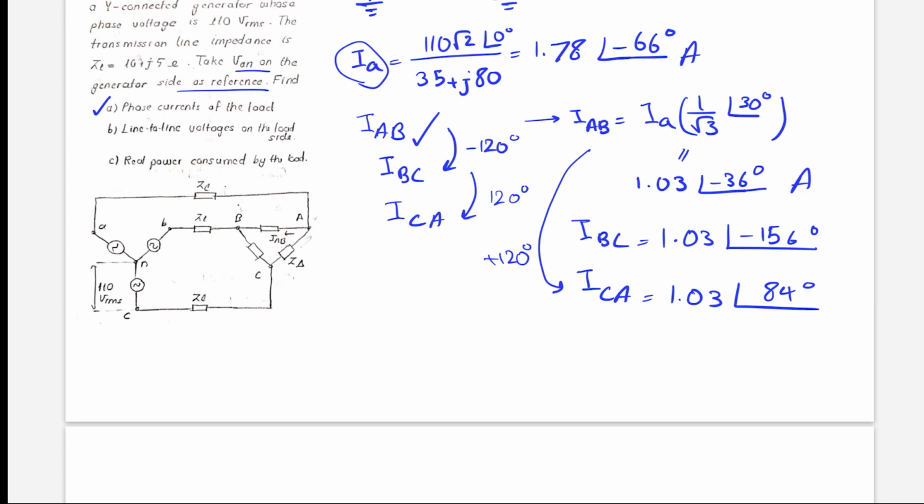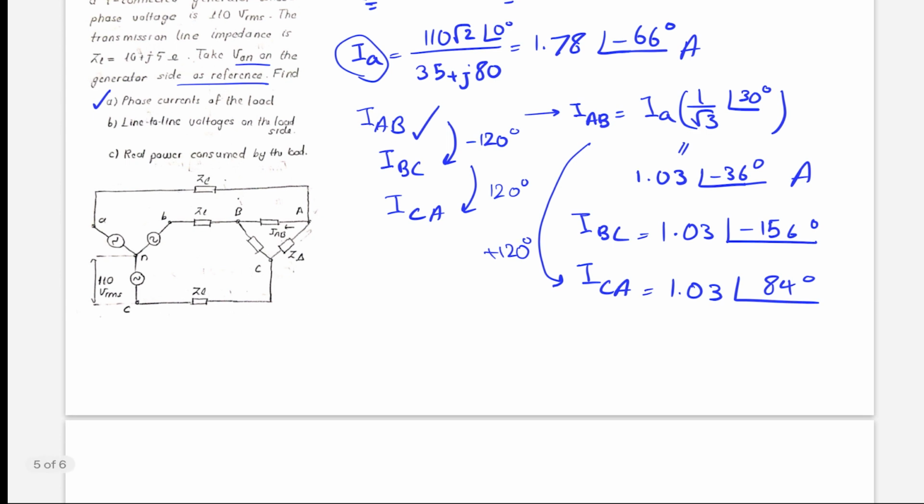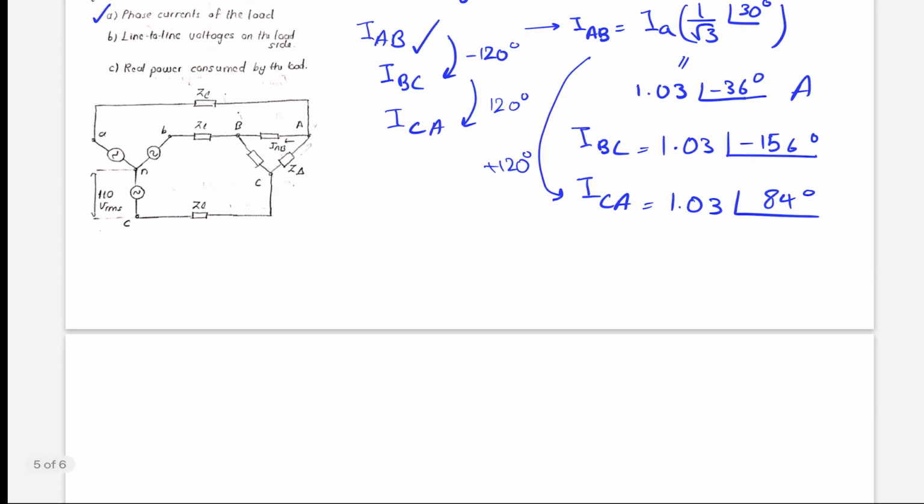What about the line-to-line voltages on the load side? Well, the line-to-line voltages are VAB, which is equal to Z delta times IAB, right? So consider this one in the schematic.